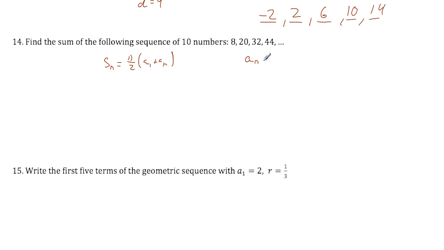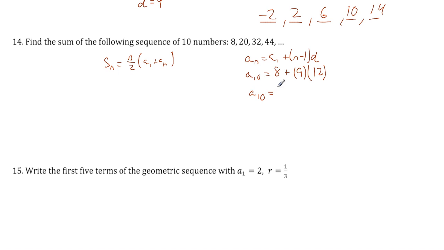So here, again, a sub n is equal to a sub 1 plus n minus 1 times d. The 10th term is going to be a sub 10. The first term here is 8. So if that's 10, n minus 1 is 9. And the common difference that I can see is 12. So 12 times 9 is 108, plus the 8 is 116.